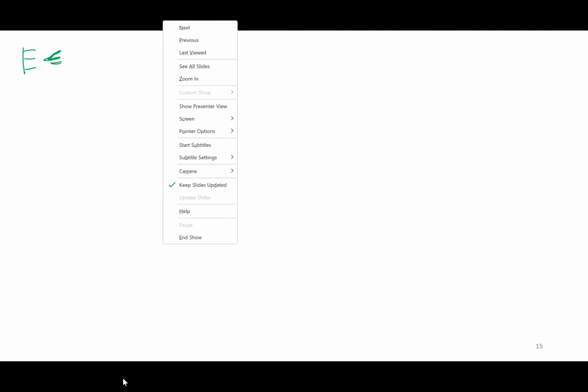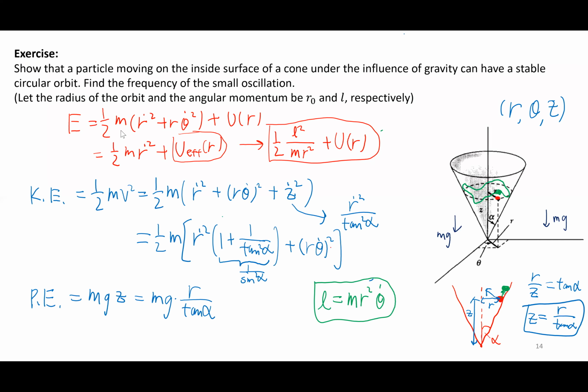So the total energy, KE plus PE, can be written like this. Right, so this is the energy.